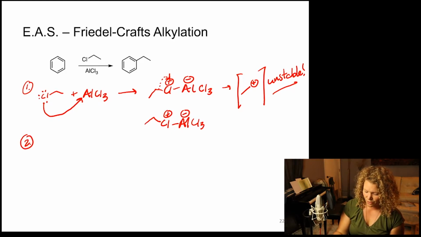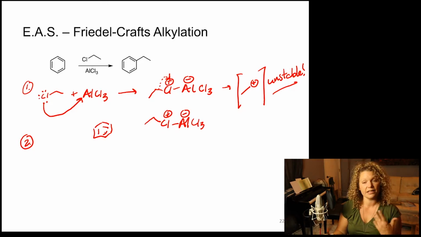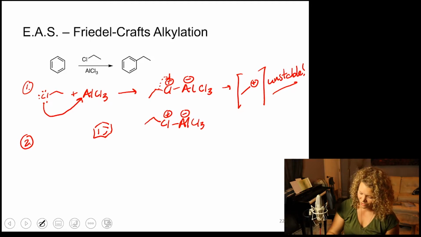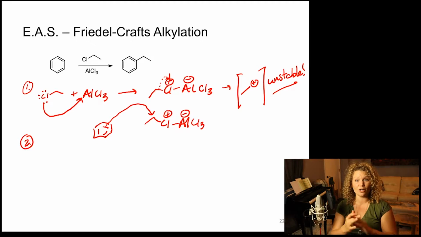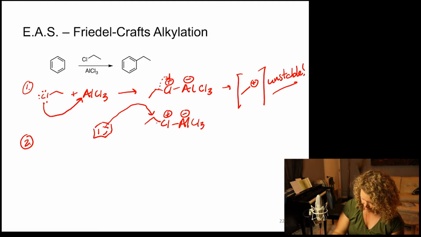The next step is we're going to add our aromatic ring. Here we've got benzene. So we're going to attack this electrophile here at this carbon with this awesome leaving group.